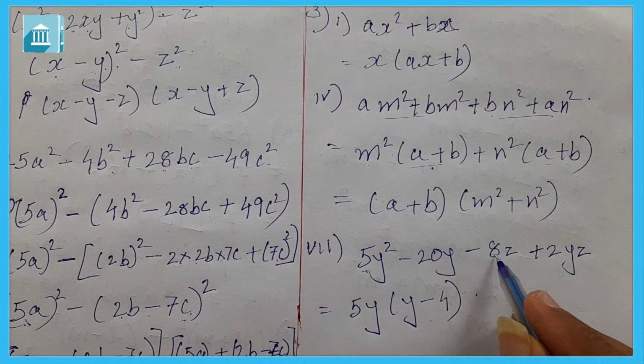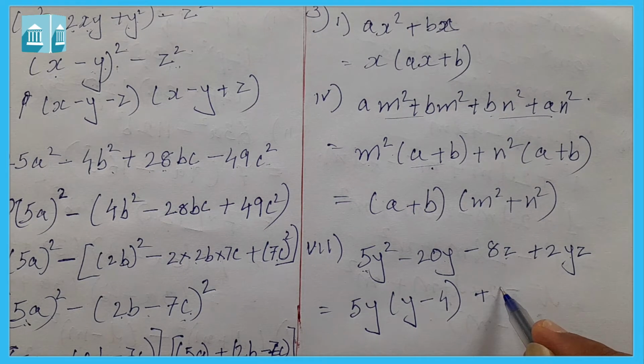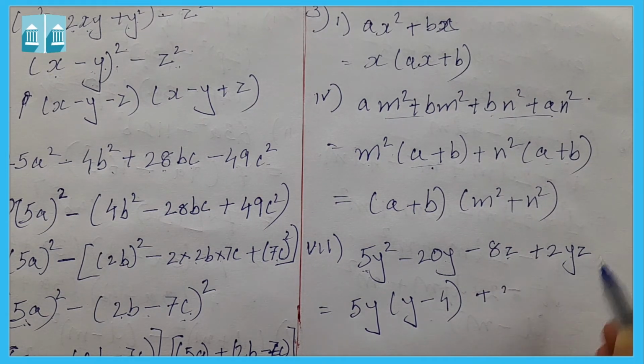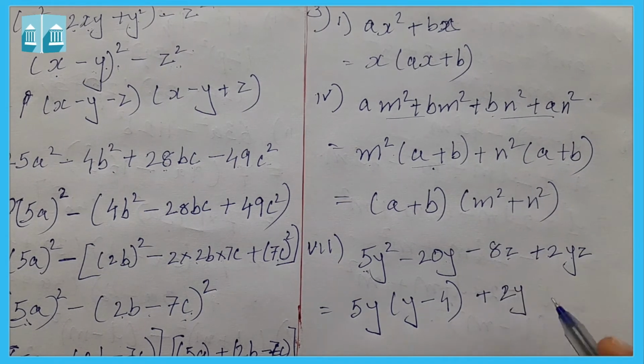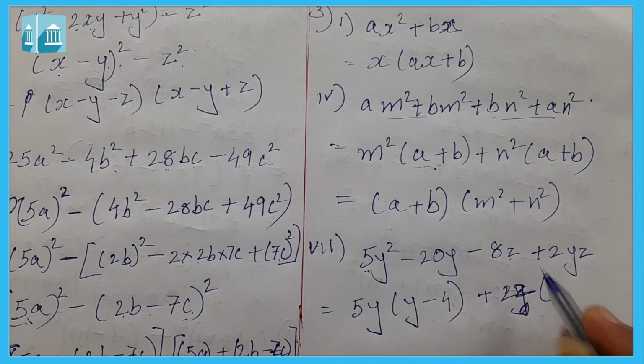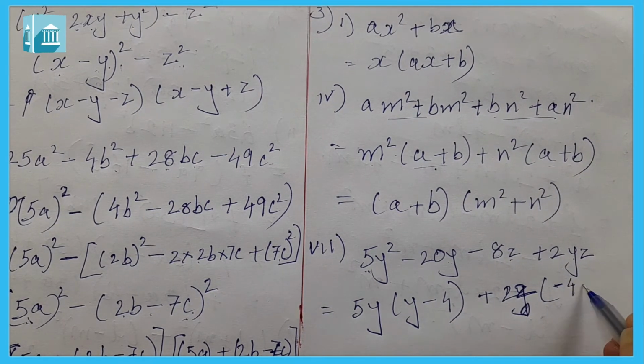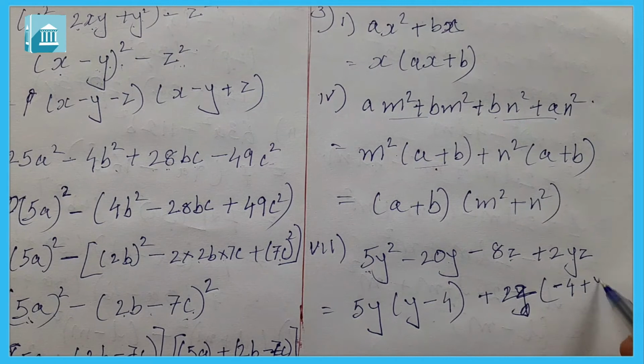Now if we see here, we have to find out again y minus 4, so plus if you take out the common 2z, then here it will be minus 4 plus y.